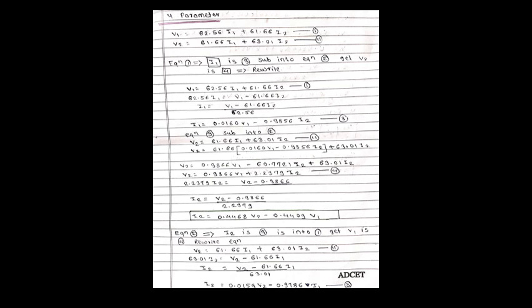Now V2 is equal to 61.66 I1 plus 63.01 I2. Now I2 is equal to V2 minus 61.66 I1 divided by 63.01. I2 is equal to 0.0159 V2 minus 0.9786 I1.